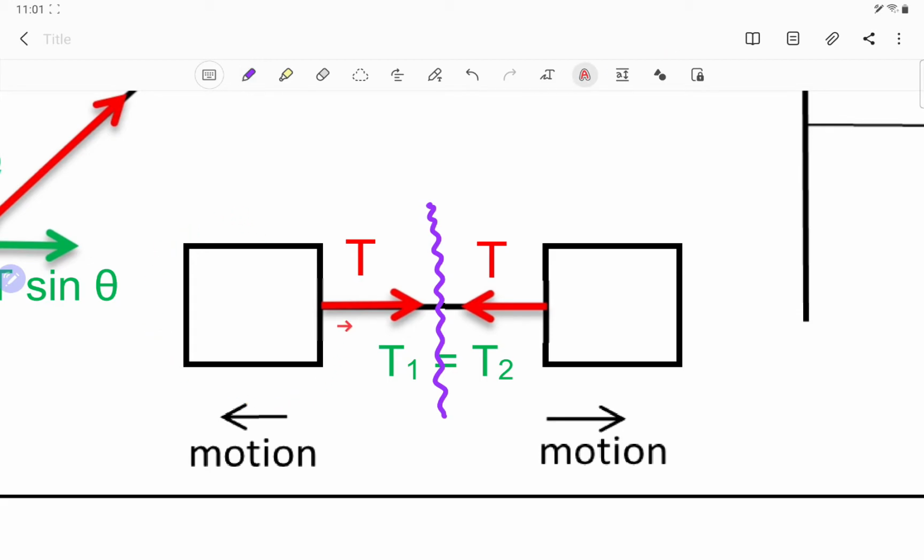So this is the object. String yang attach kat dia, arah anak panah T menjauhi. Okay. The second object. So the tension force is moving away from the object. So we have T, and they have the same value. So T ni magnitude dia akan sama dengan T di sini lah.